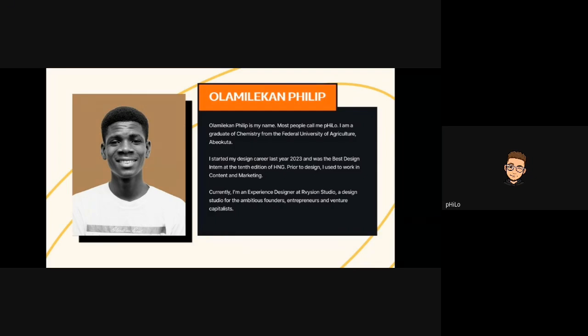It's PHILO. It means phenomena human in life's orbit. That's what Philo means, and that is why it is written that way. So it is not capital P, small h, ILO. It is small p, capital H, small i, capital L, and small o. So it's an acronym, so to speak.